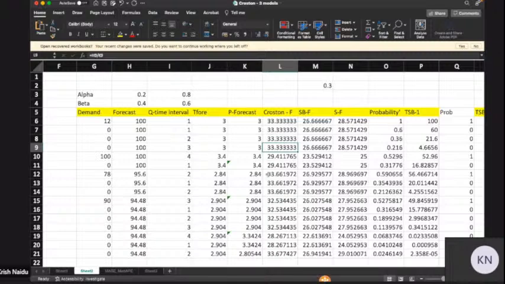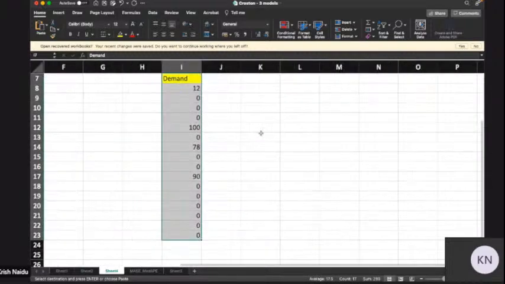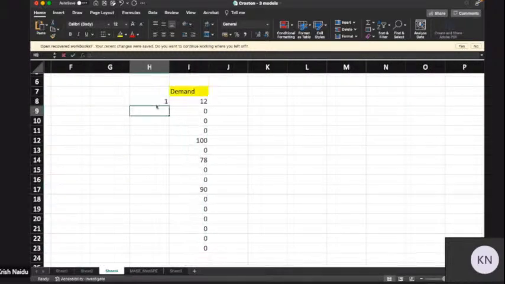If we do not have consistent demand for all the periods, suppose I take one example, this is the sales of a product. If you look at this product, in period 1 we have a sale, and in period 2 we do not have a sale. Periods 3 and 4, we do not have a sale.